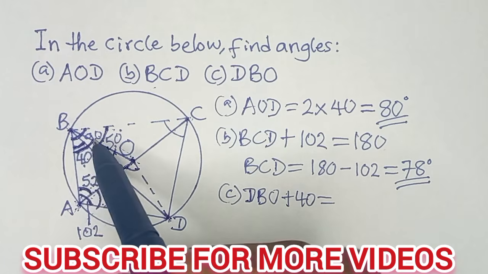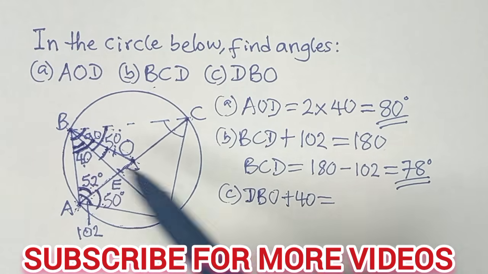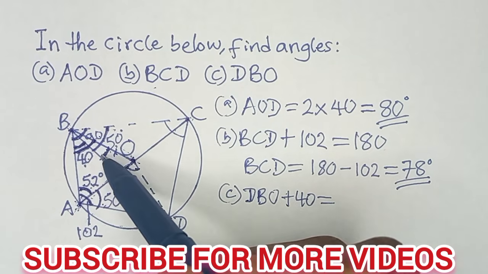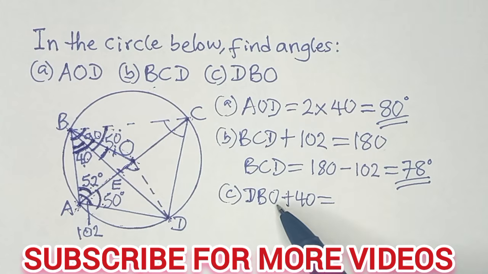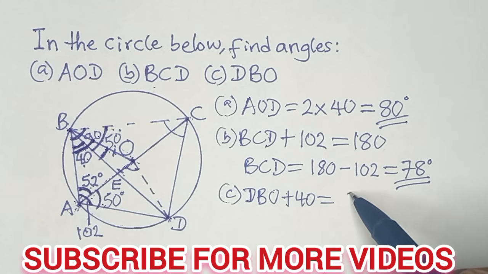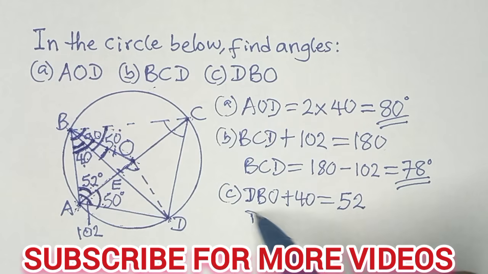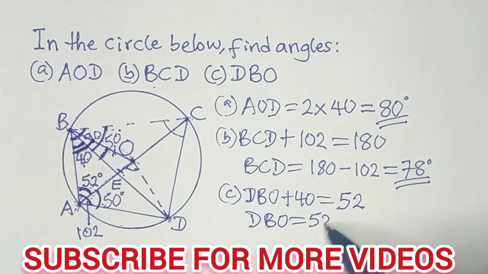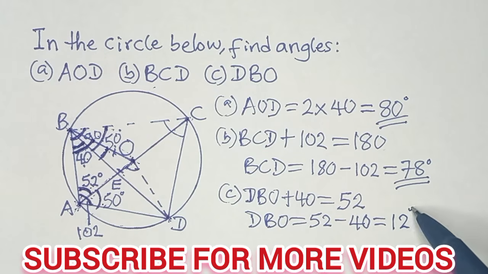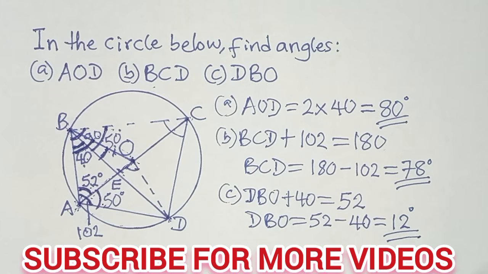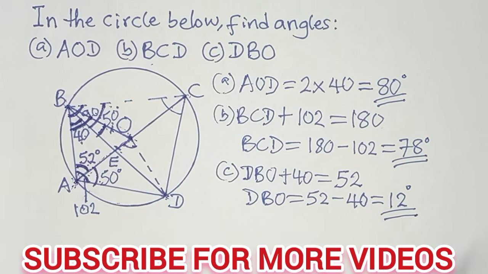The DBO and the 40 together give us that whole base angle as 52. So from there, DBO is equal to 52 minus 40 degrees. And that will give us 12 degrees. So DBO is equal to 12 degrees as the final answer.